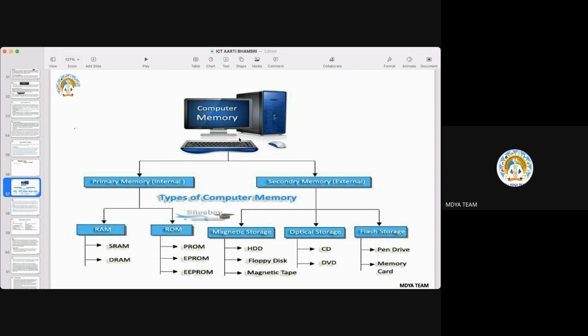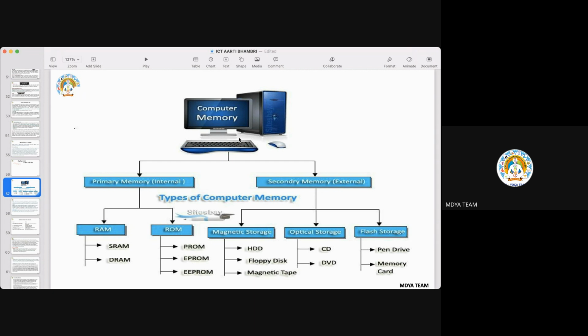Earlier, you have seen a record player with a large LP, and through a pointer you can listen to the music. That is the LP, which we called in earlier days. Now it is not available.